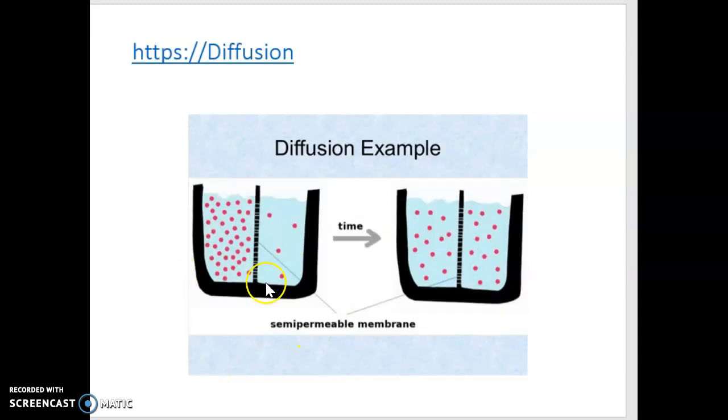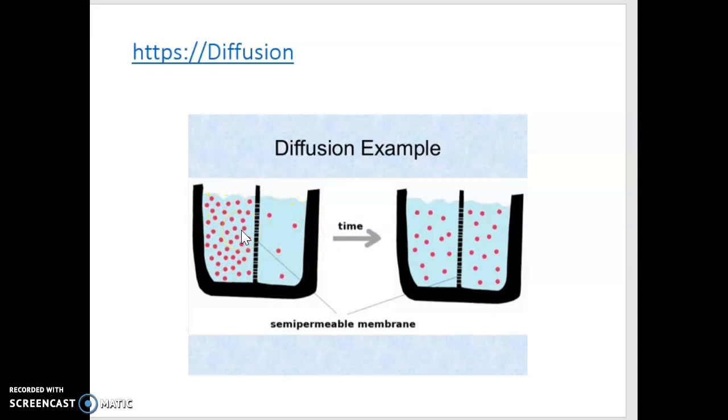You can see that in this example here. It is a container that is full of water, right? So this is one container. It has a semi-permeable membrane separating the two compartments. The water level is the same on both sides, but the concentration of solutes is not.